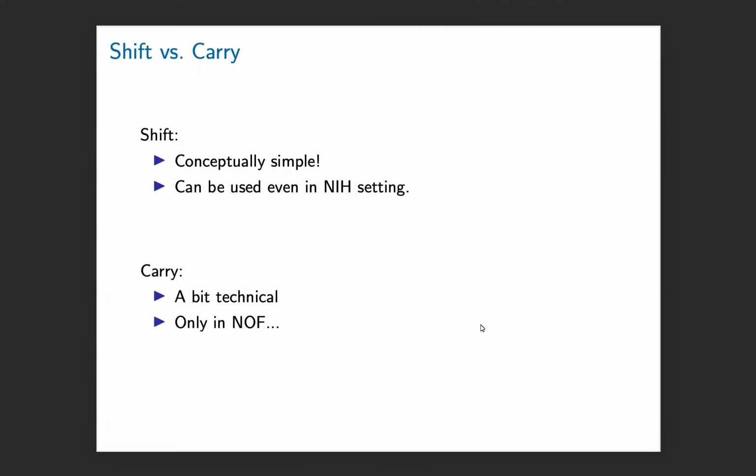Okay, so we have this vector shift technique, which is now very conceptually simple and can even be used in the number in hand setting. So that's pretty good. On the other hand, we have this carry vector technique, which was a bit technical, maybe a bit harder to explain, and was only possible in number on forehead.